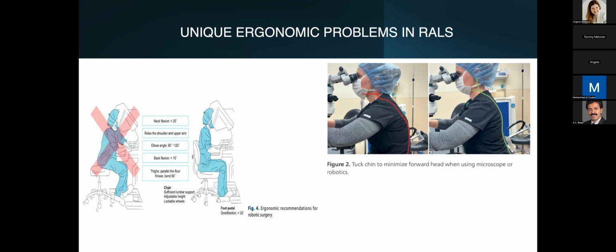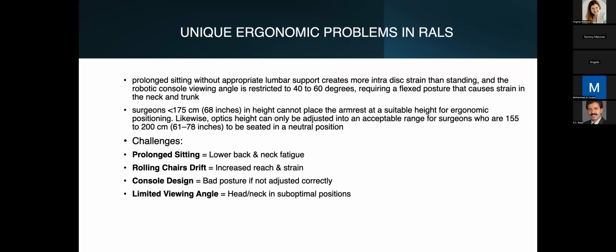And when you're looking into the console, just make sure you tuck your chin in, to minimize that forward head when using the robot. So prolonged sitting without appropriate lumbar support will create more intradisc strain than standing.